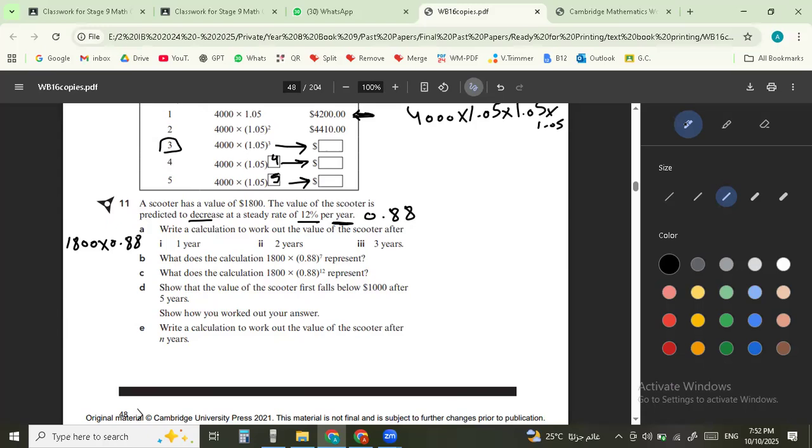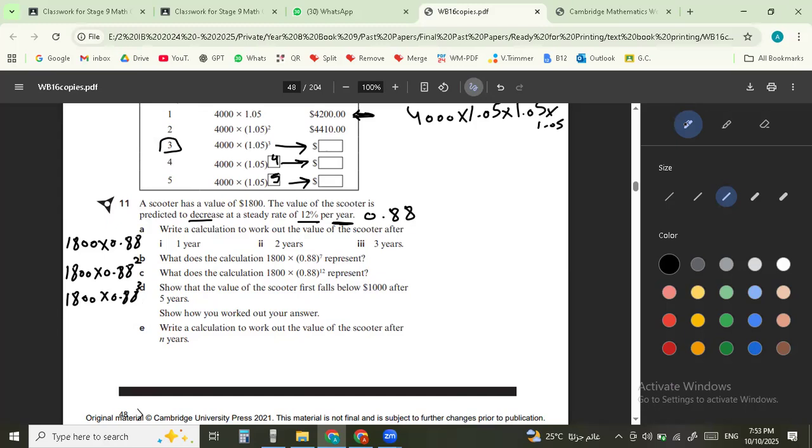After the second year, it is going to be 1,800 times 0.88 to the power of 2. After the third year, it's going to be 1,800 times 0.88 to the power of 3. This is the calculation to find the new value after 1 year, 2 years, 3 years.